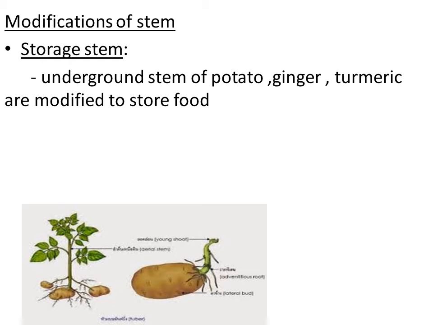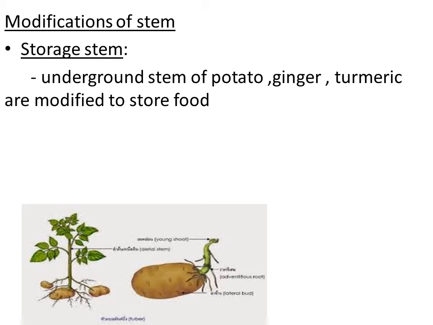At the tip of each branch we can find the storage part. As a result of food storage, the tip of the branch becomes swollen, and that modified stem is called the potato tuber. So the tuber is the modified stem in the case of potato.